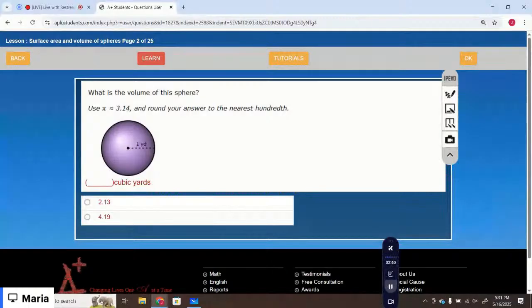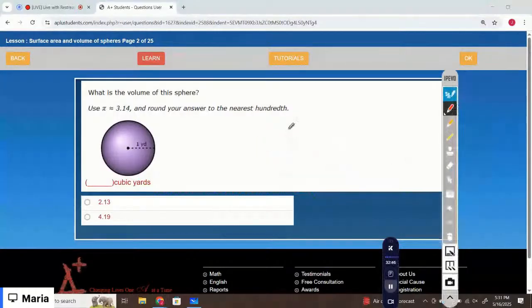What is the volume of this sphere? That is V equals 4 by 3 pi r cube. So just use the formula and do the calculation. 4 by 3 times 3.14 times 1 cube. So which is the correct option?